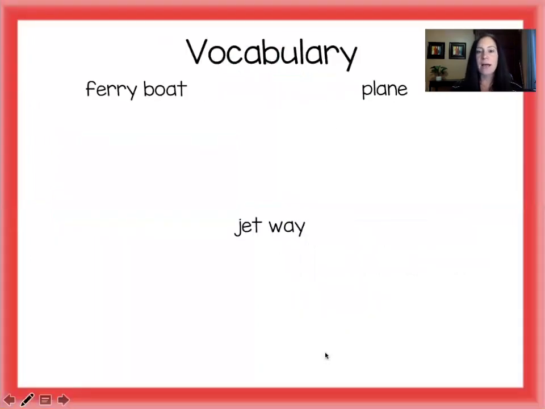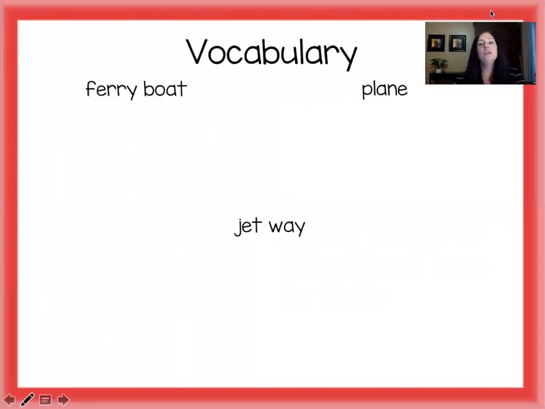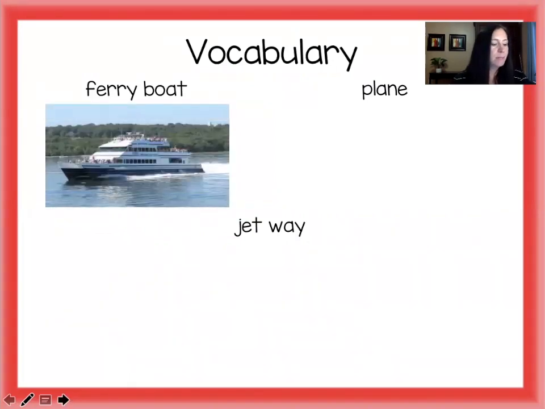Today, before I read with you our story, we're going to read and review some vocabulary words that you will need to know. The first word is ferry boat. And a ferry boat is a boat used to carry people, cars, or other things across the river or the lake.